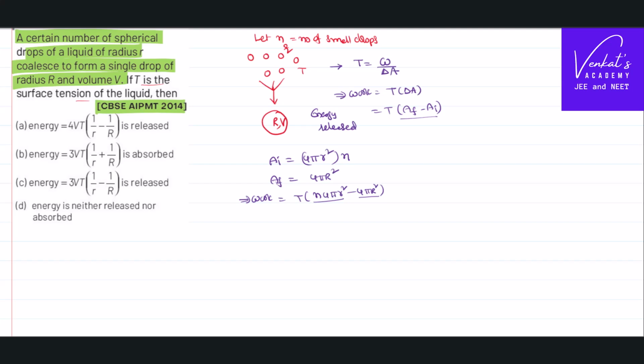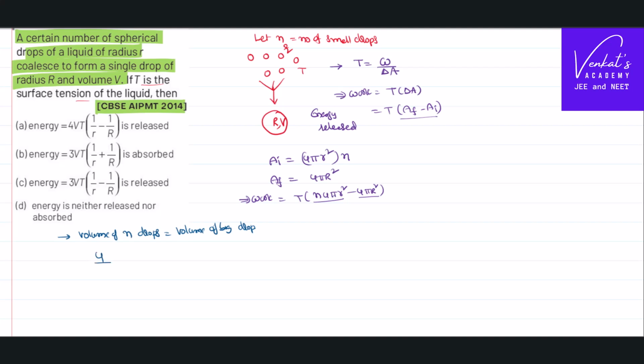But this n, the number of drops, is not given to us. But what we can say is, as all small drops are combined to form a big drop, the volume of all those n drops equals the volume of the big drop, because density equals mass by volume. Density is constant, mass has to be conserved, and hence volume has to be conserved.